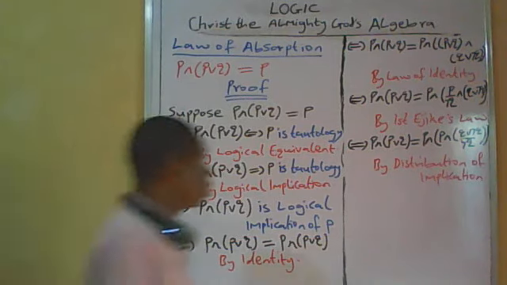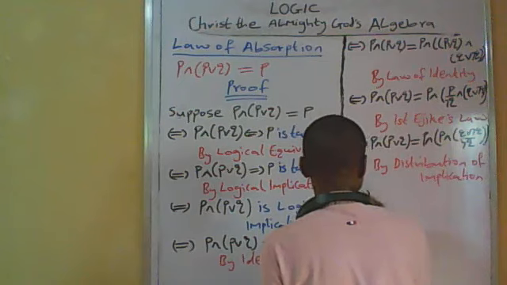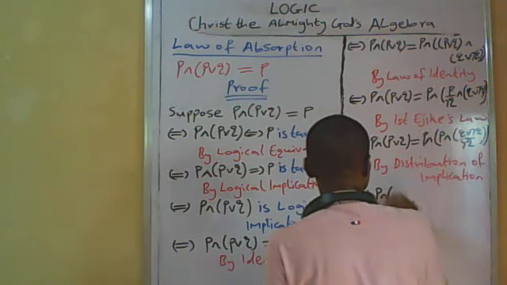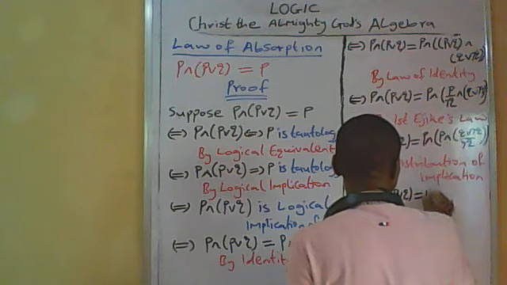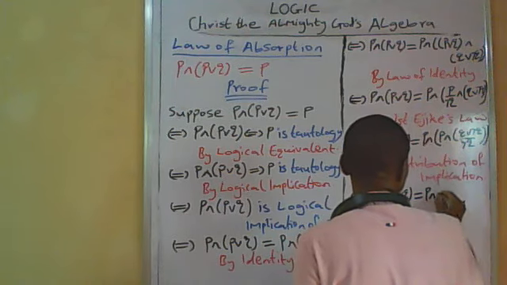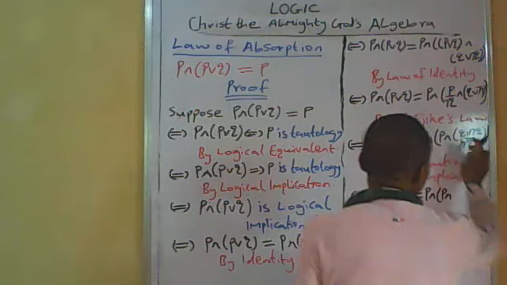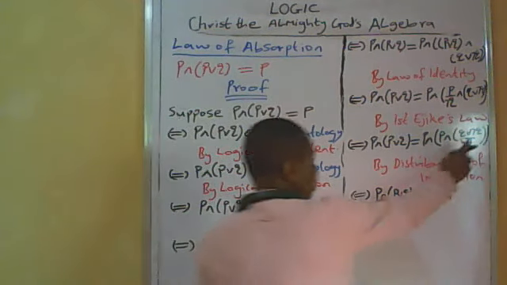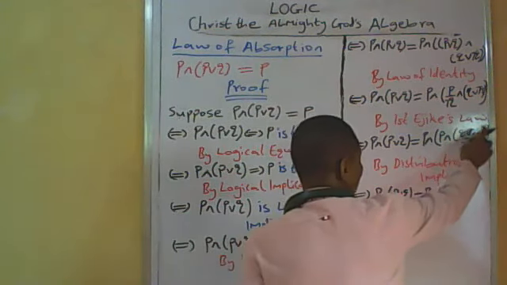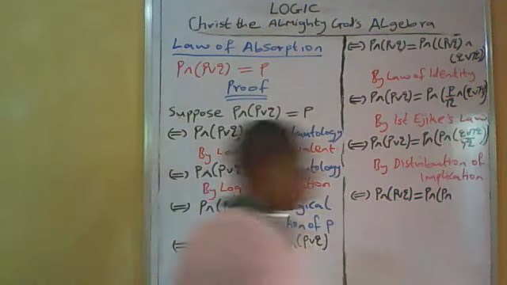So if and only if P and bracket P or Q is equal to P and bracket P and. Now we are going to revise this conditional statement to a disjunctive statement.